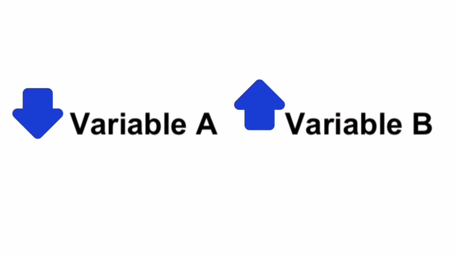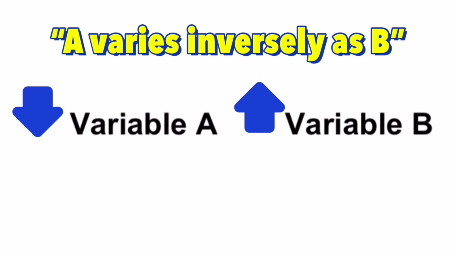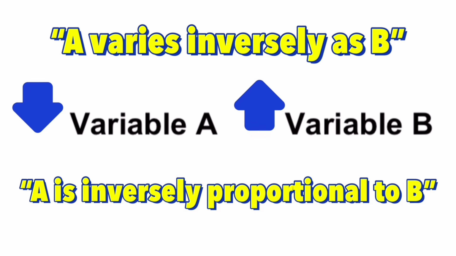So whenever two variables are inversely proportional to each other, we can say that A varies inversely as B, or A is inversely proportional to B. Now let's look at some real-life examples of inverse variation.